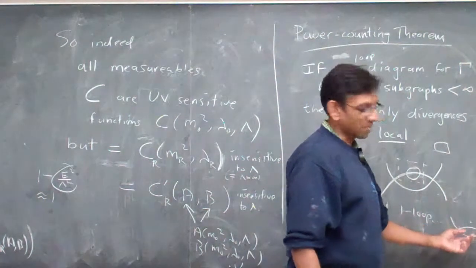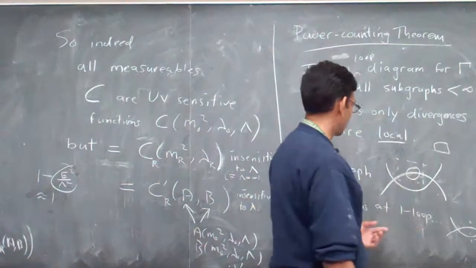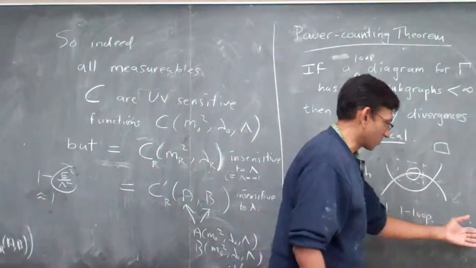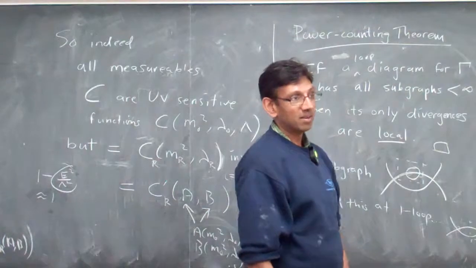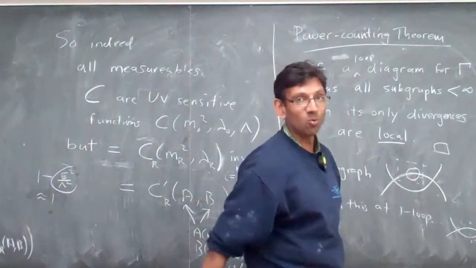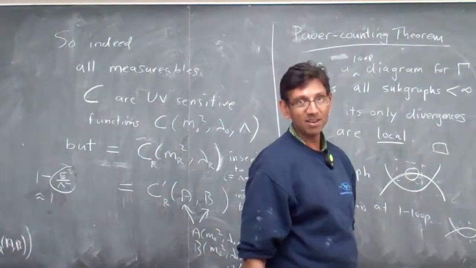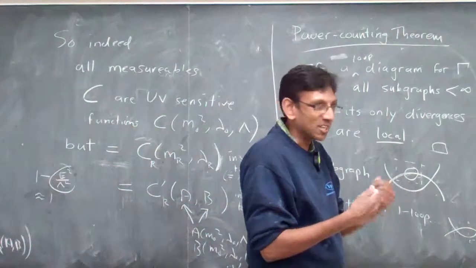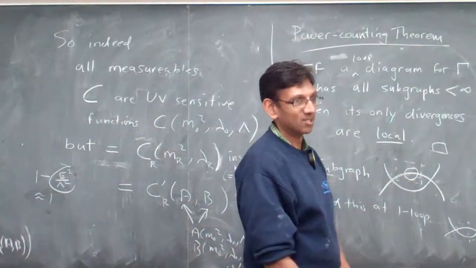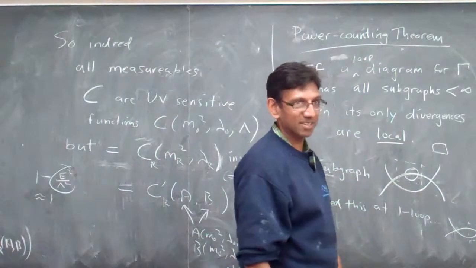And the tree graphs are obviously finite, and hence this theorem says the divergences have to be local. But guess what? We proved that all one-loop contributions to gamma are local by this differentiation and integration process. So we have actually done the hard work in that case.